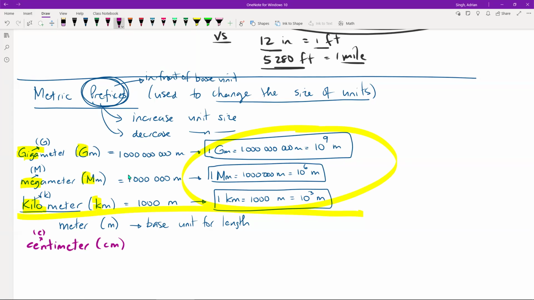And then we can say 1 centimeter is 1/100th of a meter, so 0.01 meters, or 10 to the negative 2 meters. All right, so centi is a smaller unit. A centigram is 1/100th of a gram. A centisecond is 1/100th of a second.